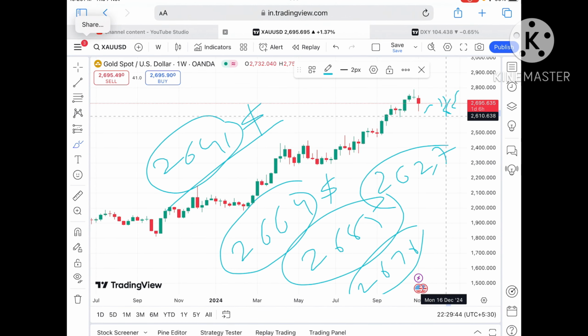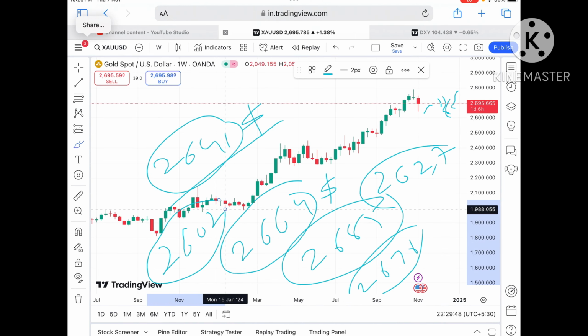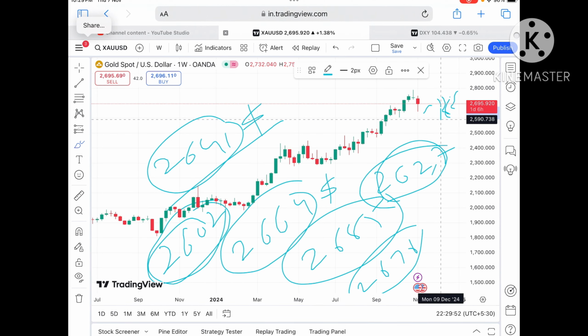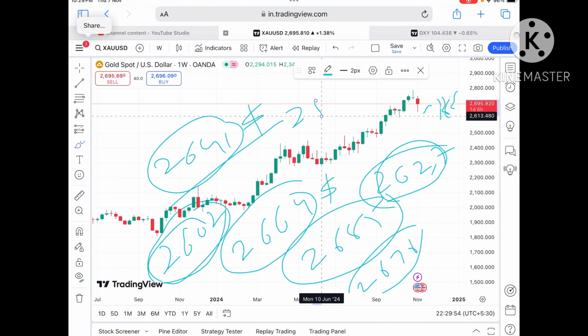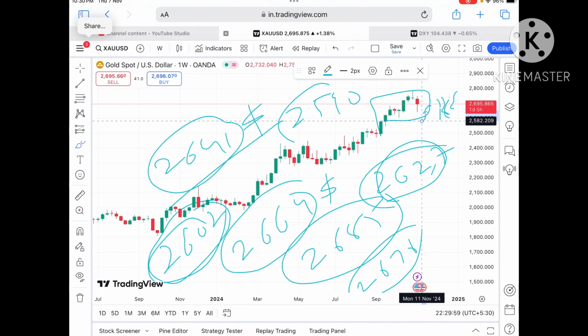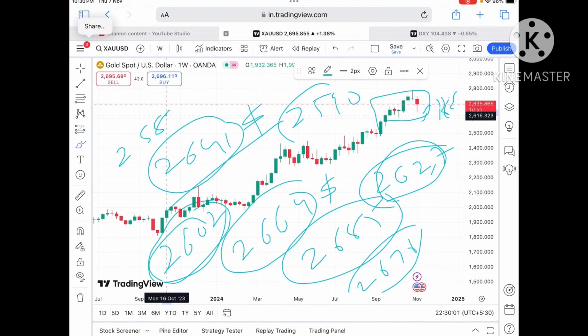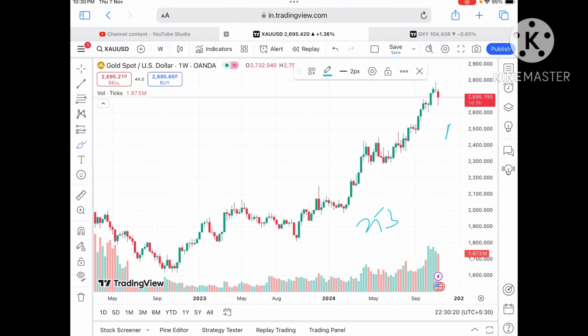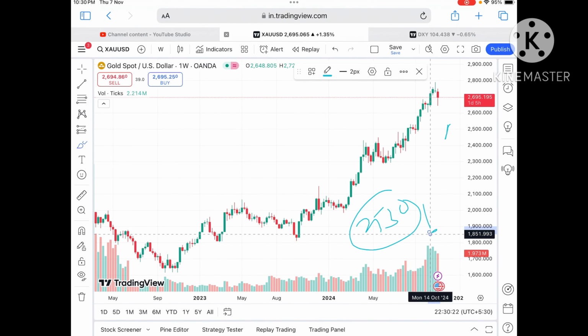Once it starts falling below that level, we can see it go towards a level of 2602. After 2627, we can see 2602, and from there a further downfall towards 2590. This is the zone. If it falls below 2590, we can see a level of 2585, and then further down a level of 2530, and if the price moves below that level, we can see a further downfall.